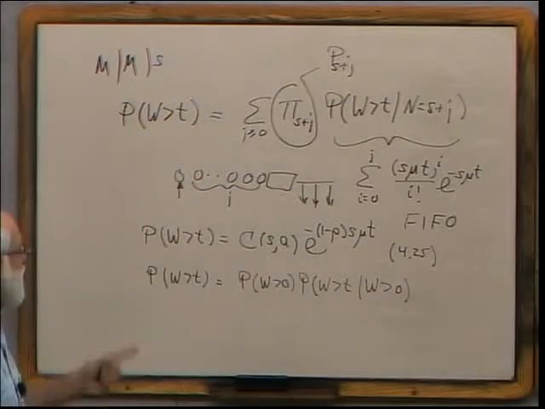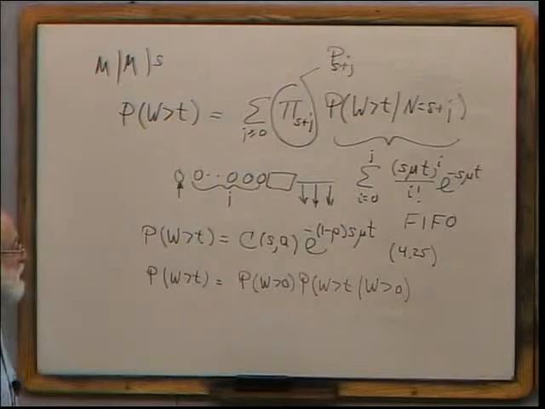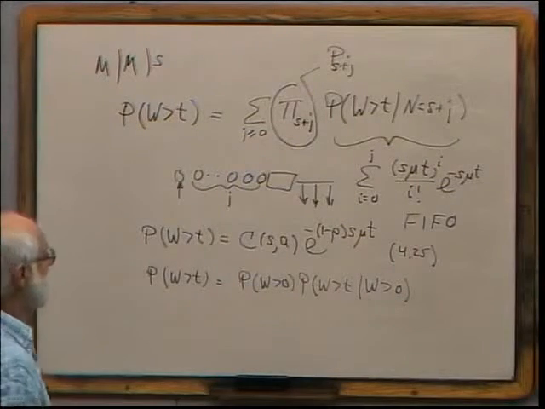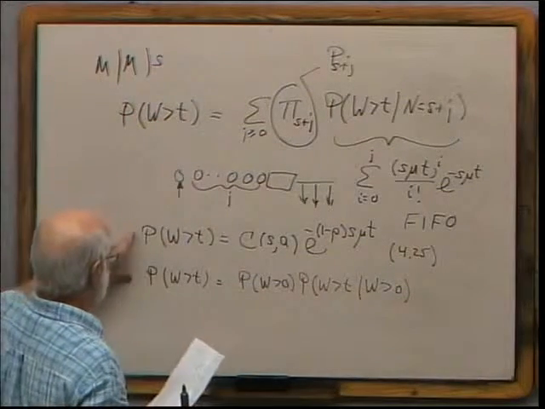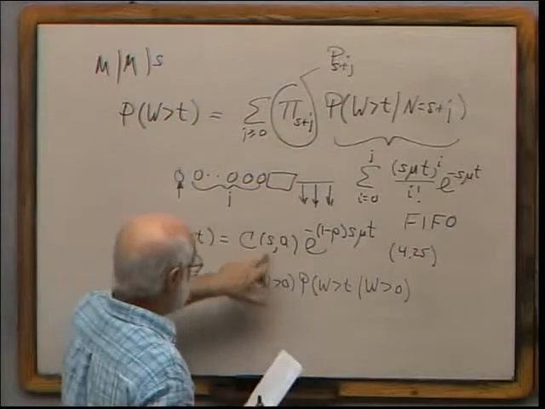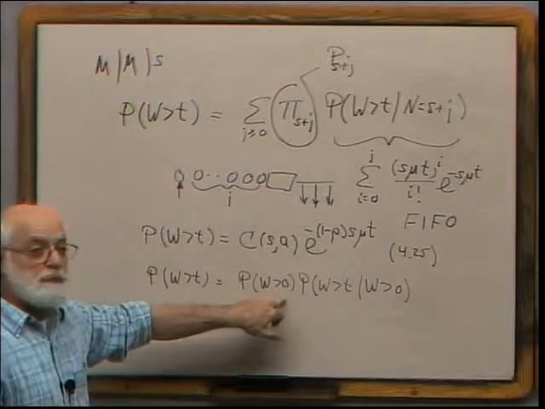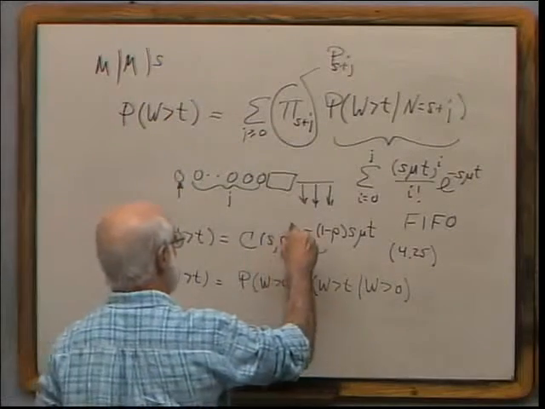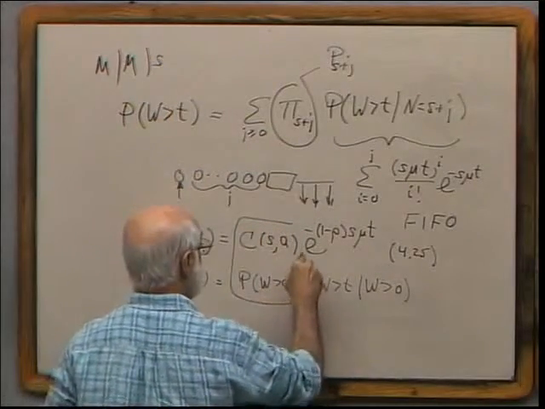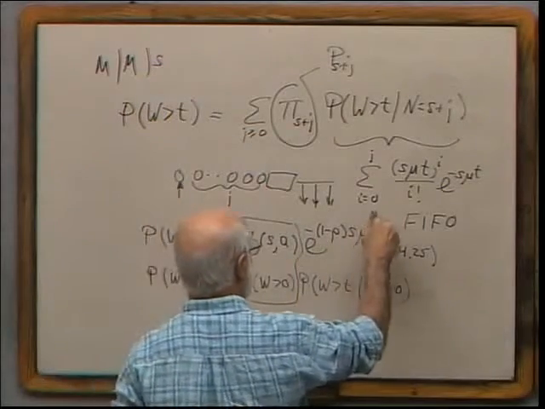This is just from the definition of conditional probability. Now, with that observation, since the Erlang C is equal to the probability that you have to wait, therefore these things are equal. And if those are equal, that means that these things are equal.